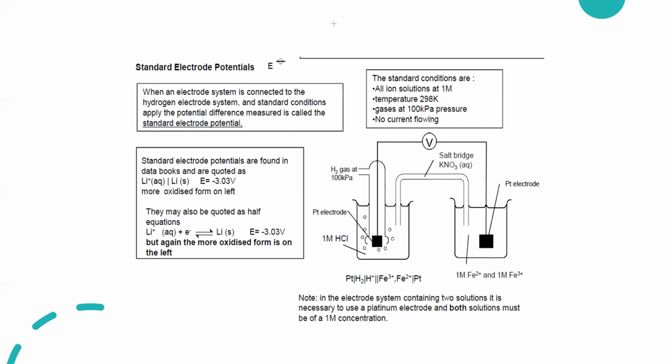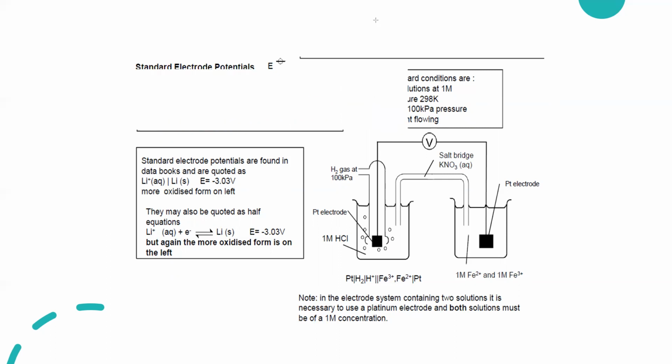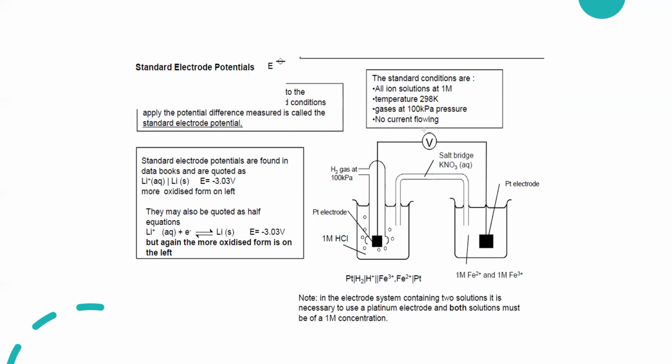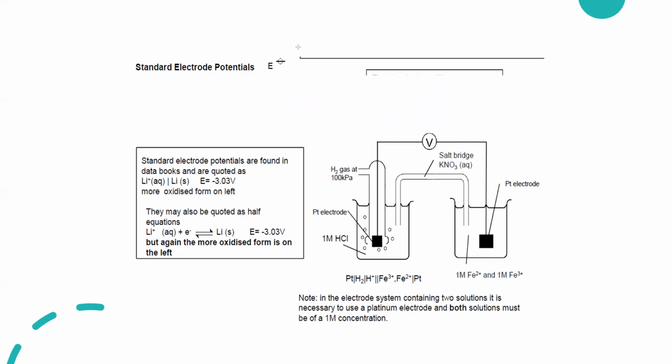So it shows that the natural tendency is not to change from lithium ion to atom. It is the opposite: the lithium atom will change into lithium ion by loss of electrons. All the electrode potentials are given for gaining electrons.